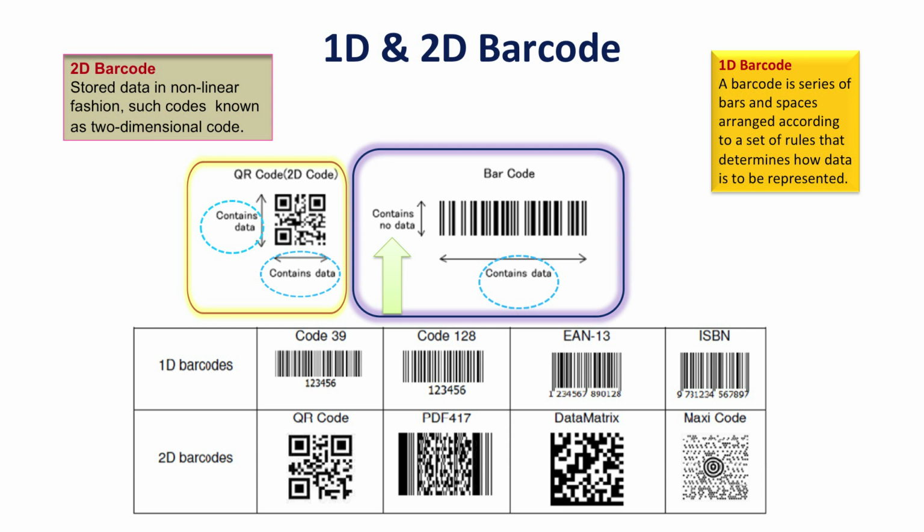The basic limitation of the barcode is that it contains data only horizontally, whereas the QR code is a two dimensional code stored in a non-linear fashion, and it contains data both horizontally and vertically.